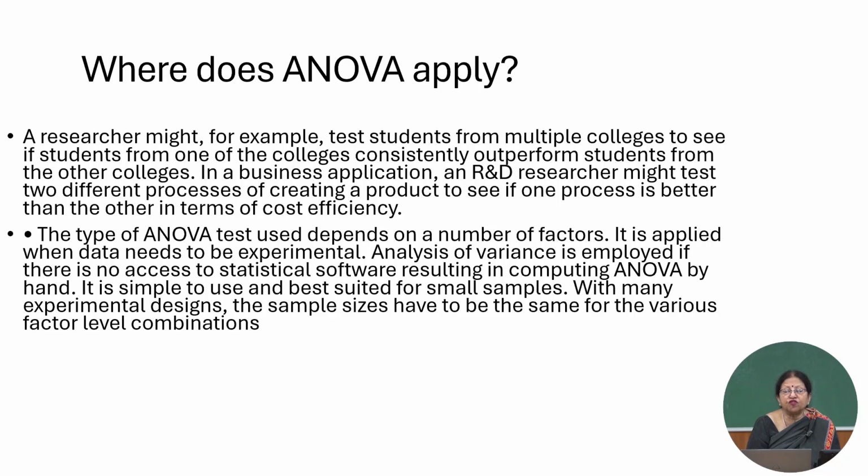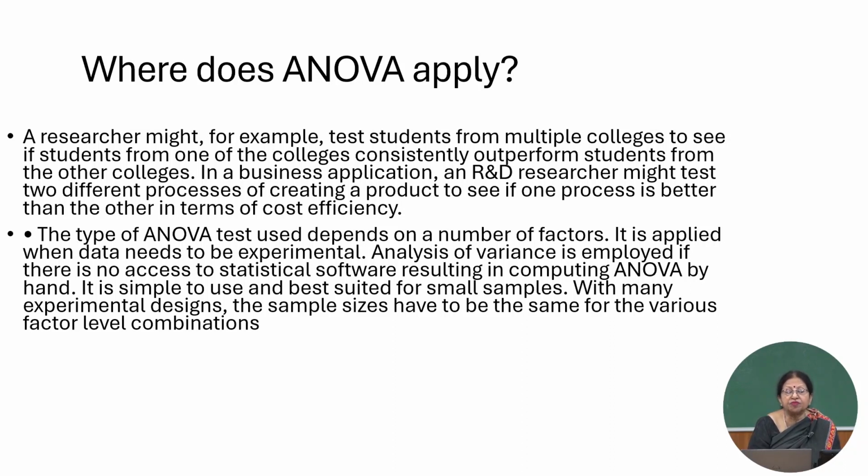The type of ANOVA test used depends on a number of factors. It is applied when data needs to be experimental. Analysis of variance ANOVA is employed if there is no access to statistical software, resulting in computing ANOVA by hand. It is simple to use and best suited for small samples.